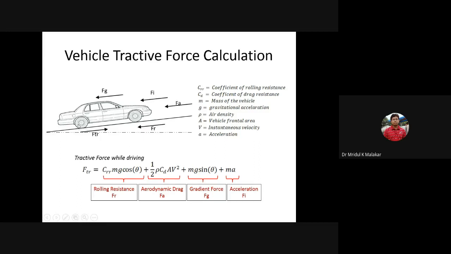So this force will convert to the rotational force, meaning the torque. That torque is equivalent to the engine shaft torque, and we have to apply the proper amount of motor torque or shaft torque so that we can overcome the load torque.